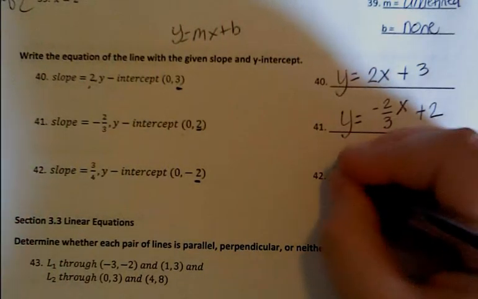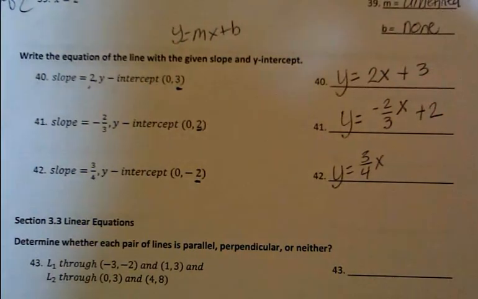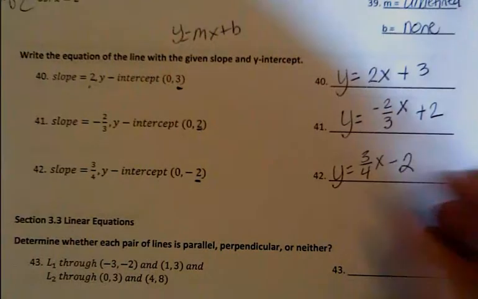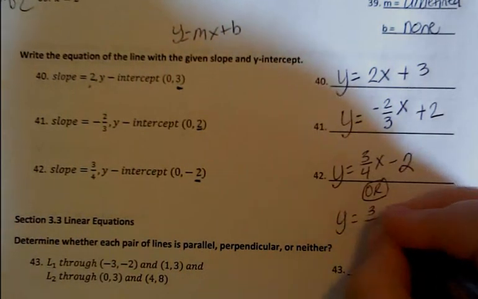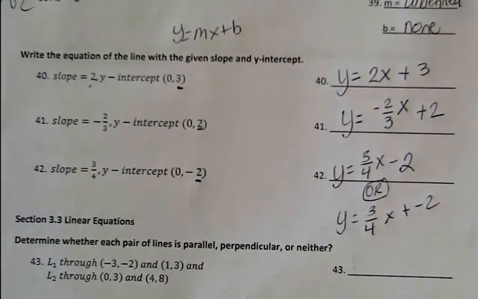That's y equals 3/4 x. The y-intercept is -2, so I would write -2. If you wrote y equals 3/4x plus -2, that means the same exact thing. I would accept either answer.